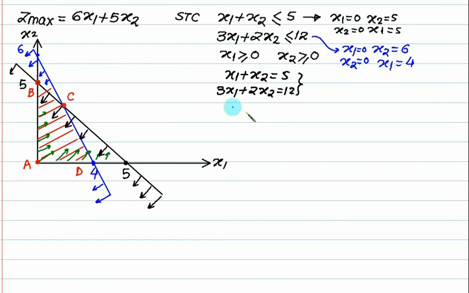If you solve this equation, x1 equals 2 and x2 equals 3. So the coordinate of this point is 2, 3.